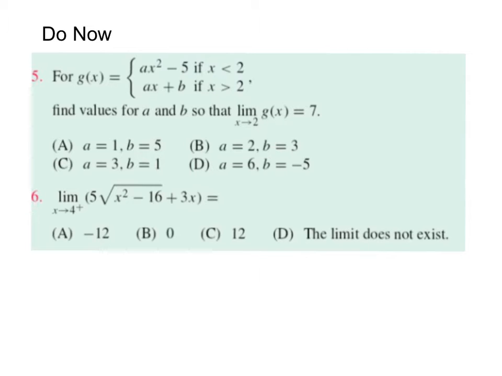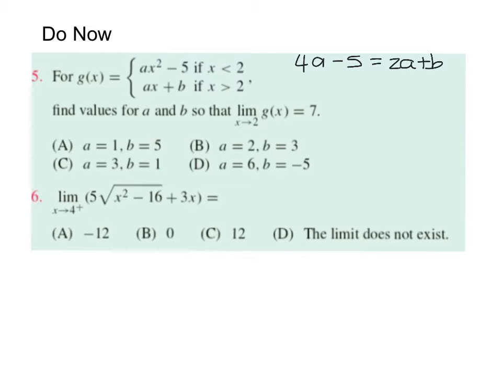So it says that if the limit as x approaches 2 is 7, what do the values of a and b have to be? If we plug into the top, normally we plug in for the left, plug in for the right. So we get 4a minus 5. And then we plug into the bottom, and we get 2a plus b.